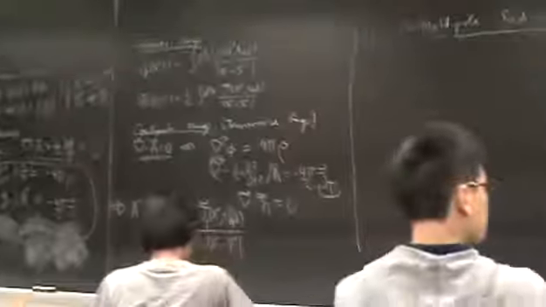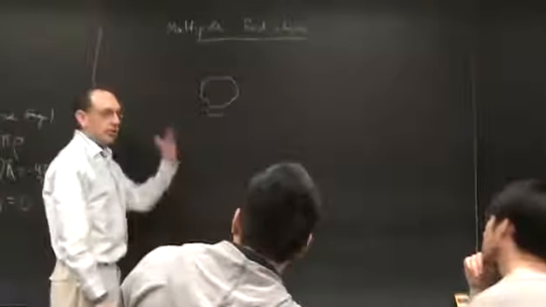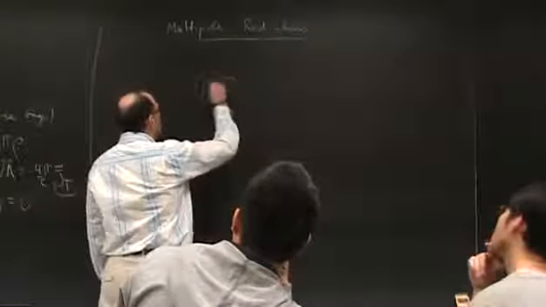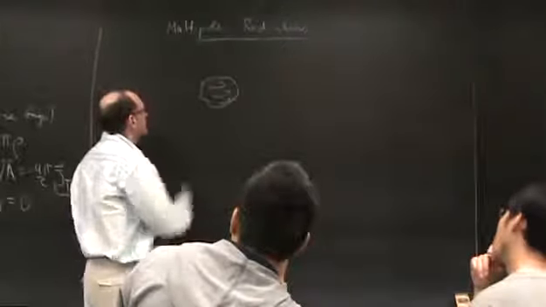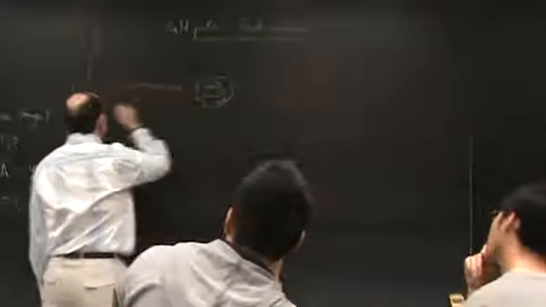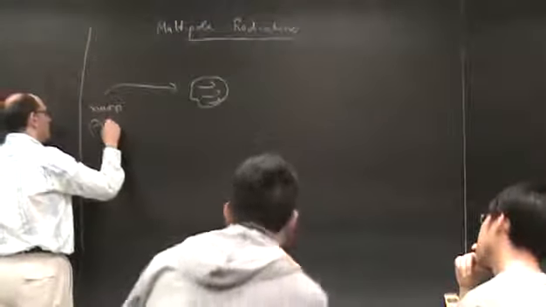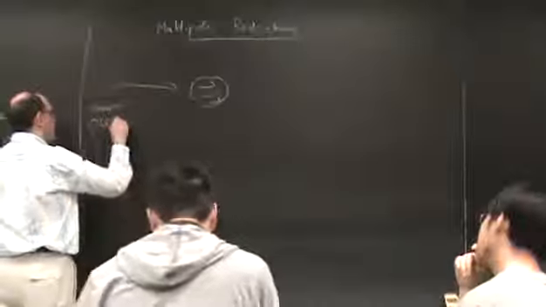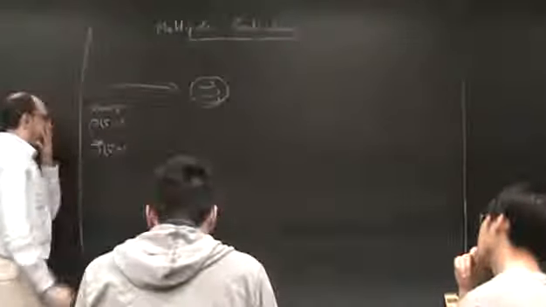So we're going to look at a situation where we have some localized distribution of sources, doing whatever they're doing. This is my source: rho as a function of position and time, and J as a function of position and time.